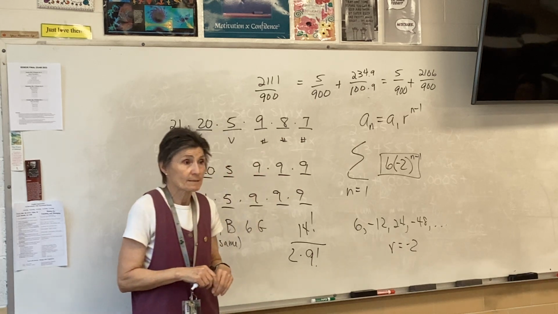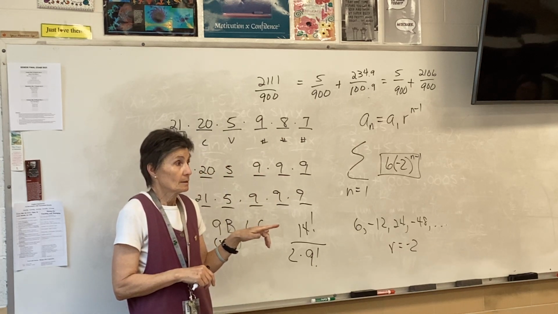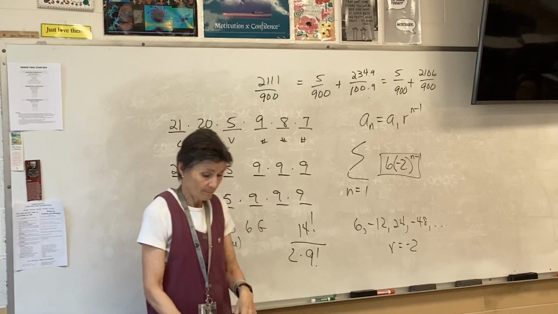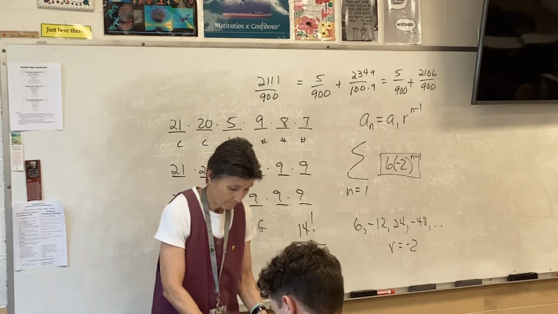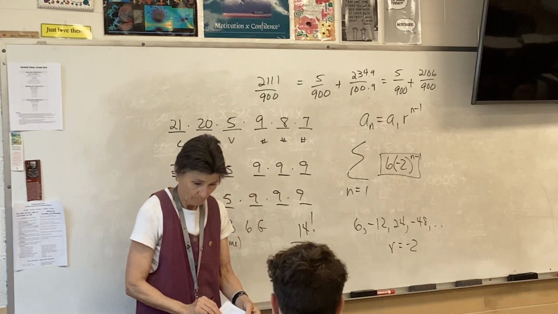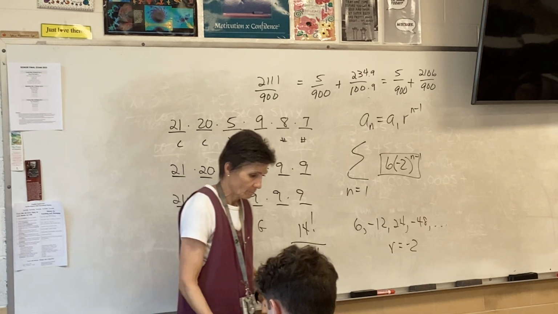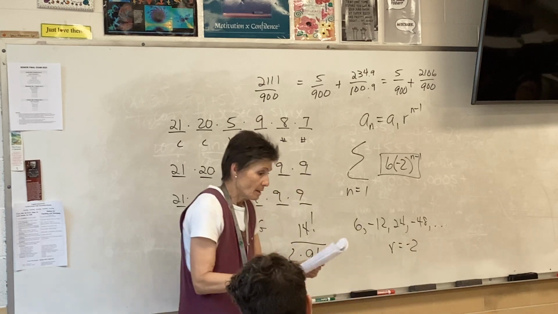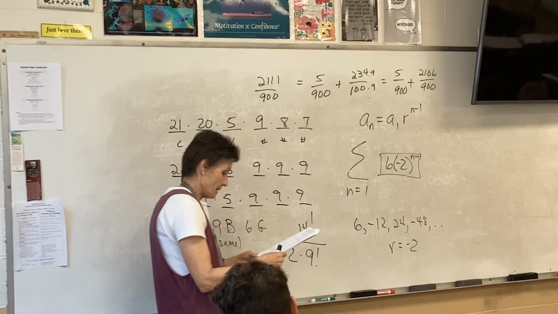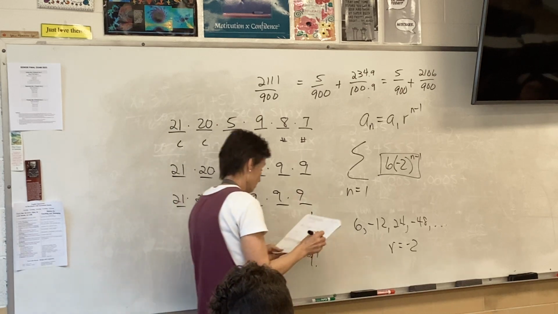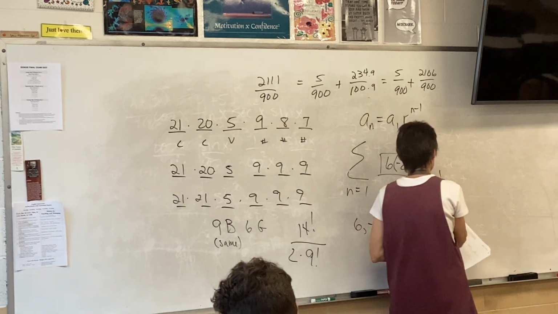All right, who else? All right, go ahead, Maren. Number 8 on the 9.5 homework, what was that asking us to do? It's asking you to add up all those numbers.